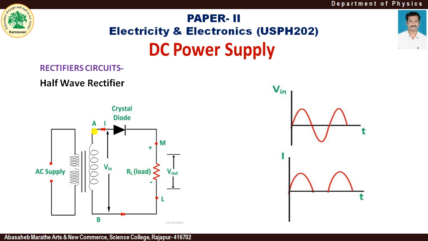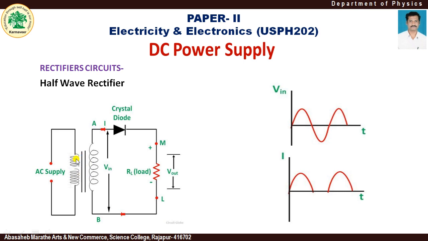As usual, on the screen you can see the circuit diagram of the half wave rectifier. Here, this is the AC supply, 240 volt, 50 hertz frequency, coming from the socket. This is the step down transformer.